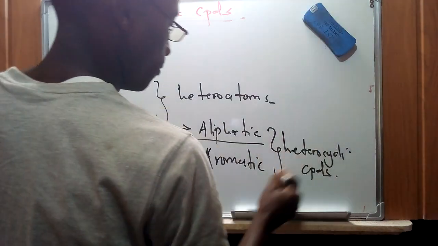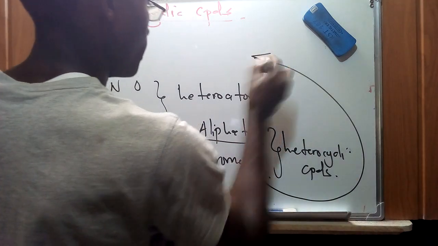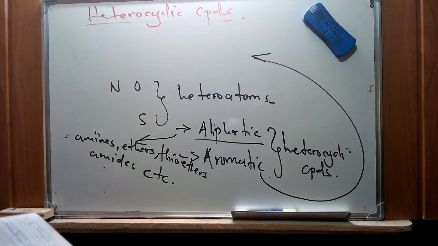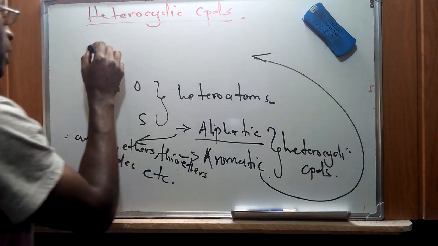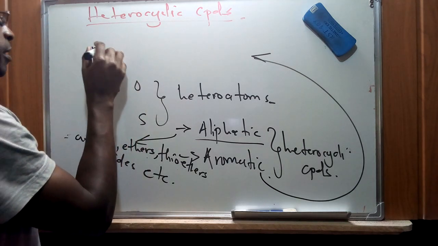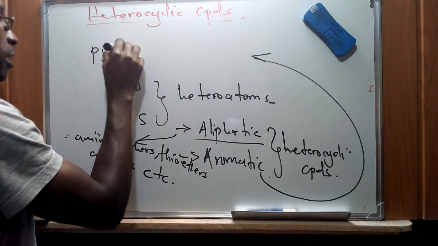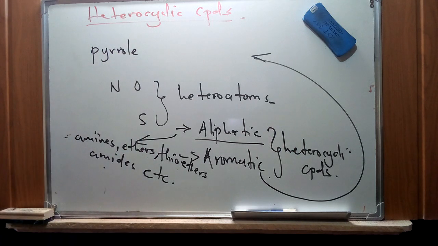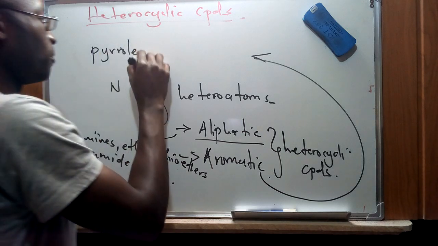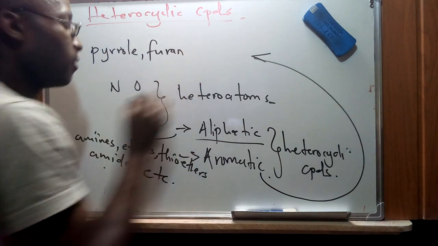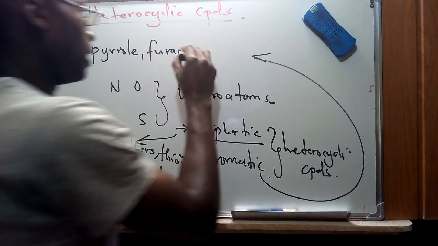Now for aromatic heterocyclic compounds, just using this arrow for illustration, we're going to have compounds such as, of course, I talked about the common name and the IUPAC naming system for heterocyclic compounds is unique. We're going to look at that example. But we have a common or trivial name for a compound known as pyrrole, and furan, and so on.